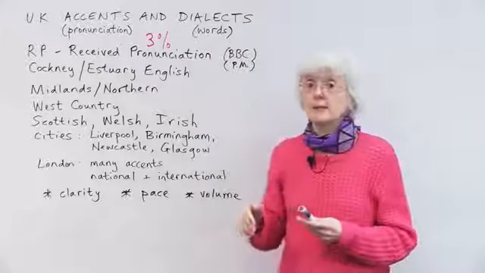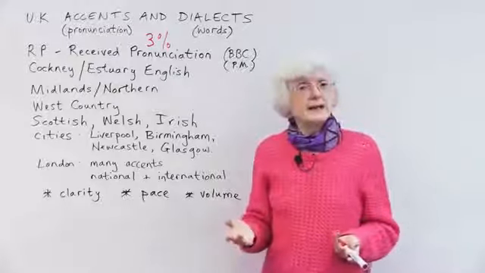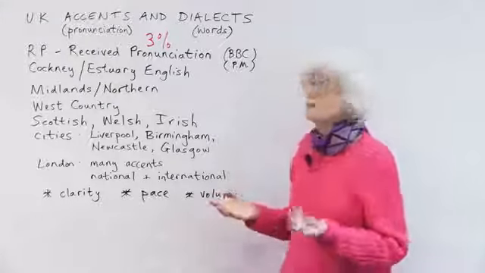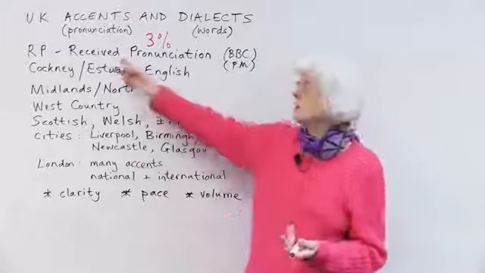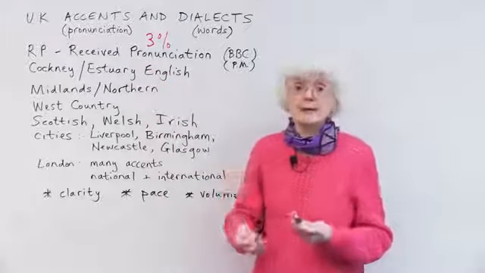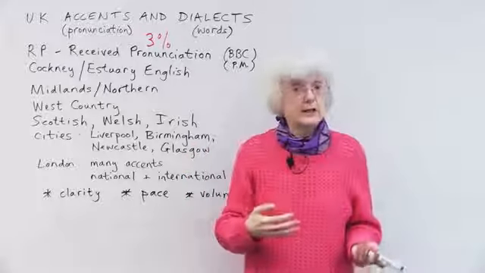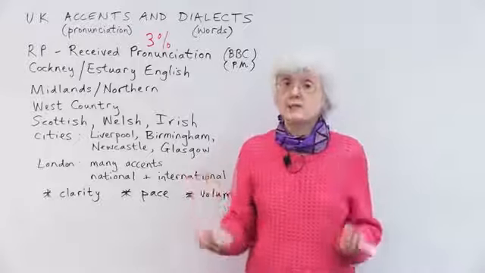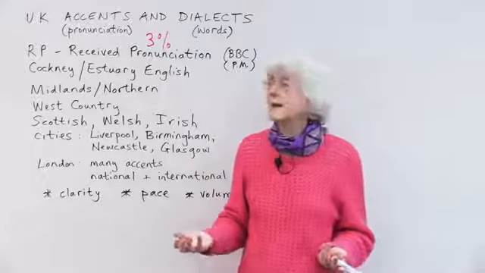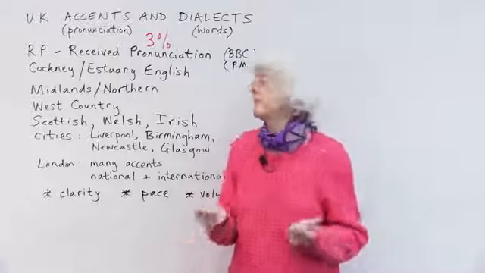So that's RP. It's a very clear accent, so it's probably a good idea to either learn to speak English with an RP accent, or you may be learning with an American accent, a Canadian accent. All of those accents are very clear, okay? And being clear is the most important thing.